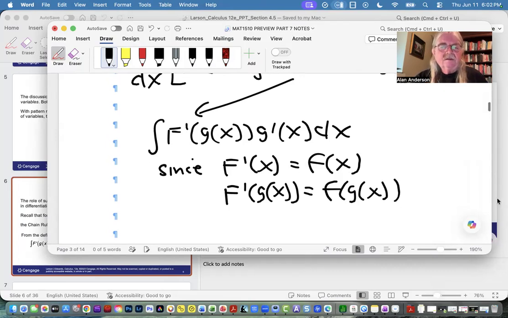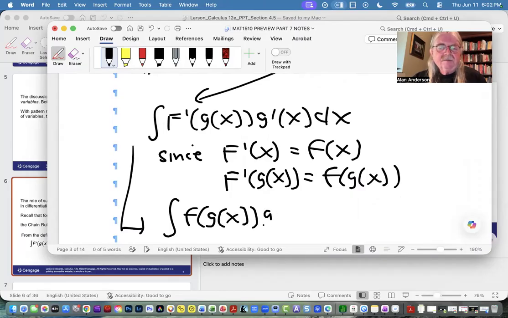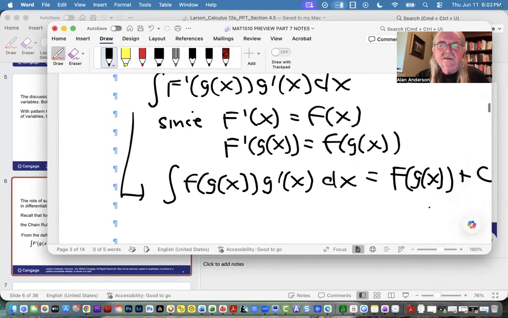And so therefore, what we actually have here is the same thing as f of g of x, g prime of x, dx. Okay, so in other words, if we're taking an integral in this form, this is the result.